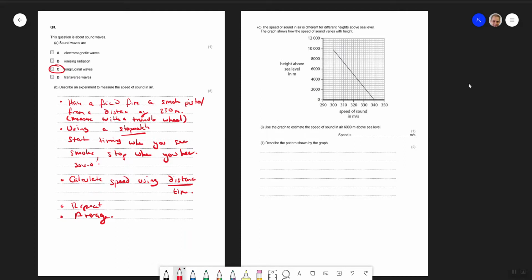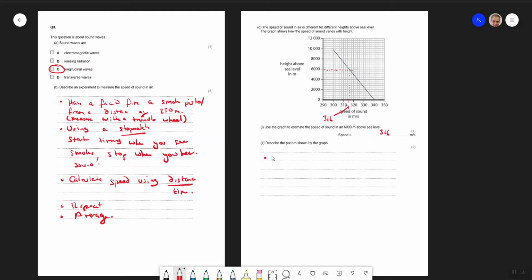Part C: use the graph to estimate the speed of sound in air 6,000 meters above sea level. Essentially this is about reading off the graph. It's quite hard to do because it's coming up on a screen. For me that is around about 316 meters per second. Describe the pattern shown by the graph.